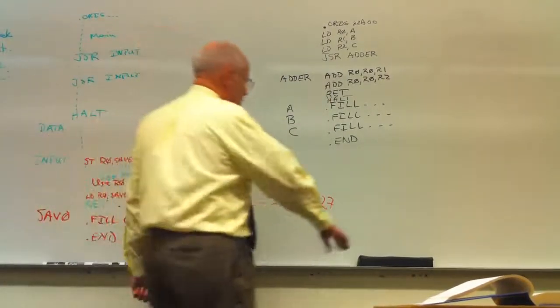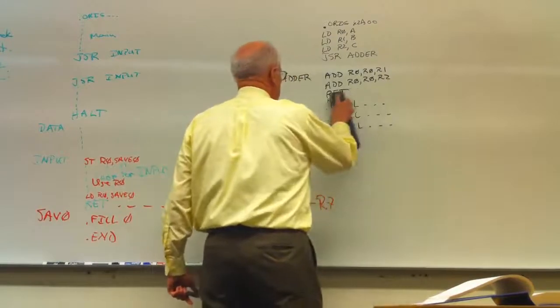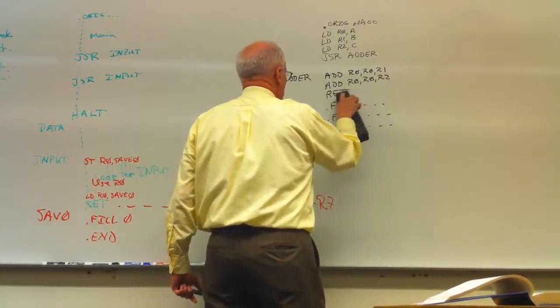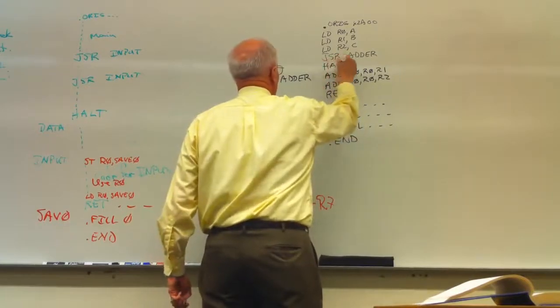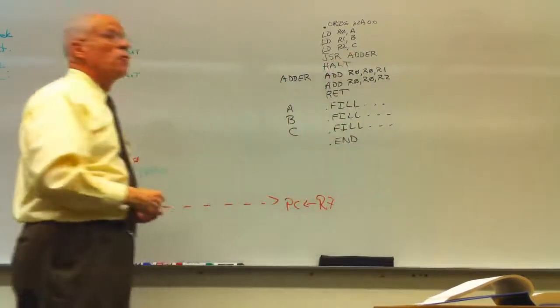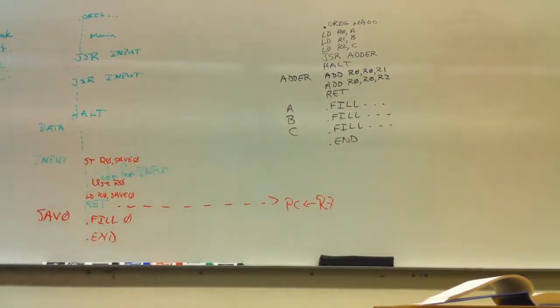Okay, so you have to be very careful about how things like that operate, and why you essentially have that halt before you have your subprogram. Halt doesn't mean that nothing after this point is going to be executed. What it means is when you hit this instruction, stop.